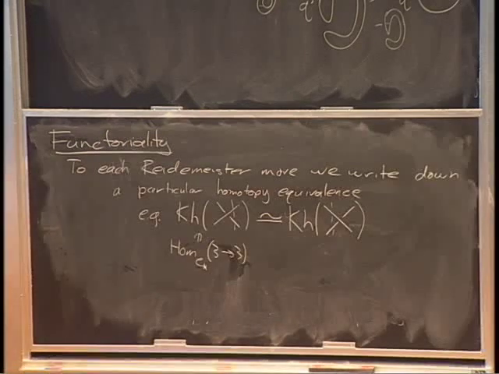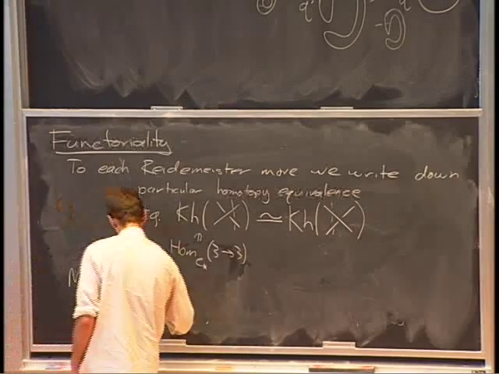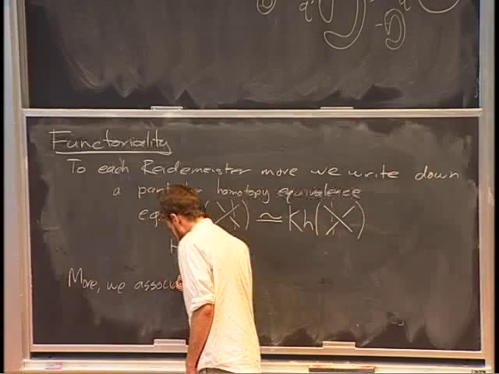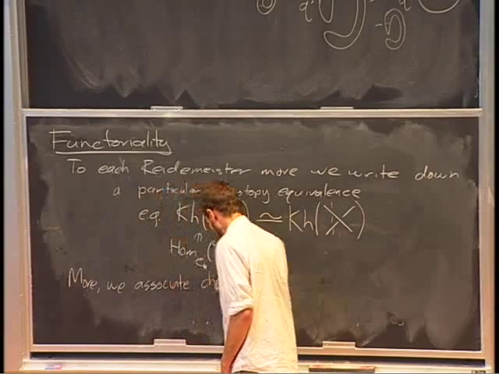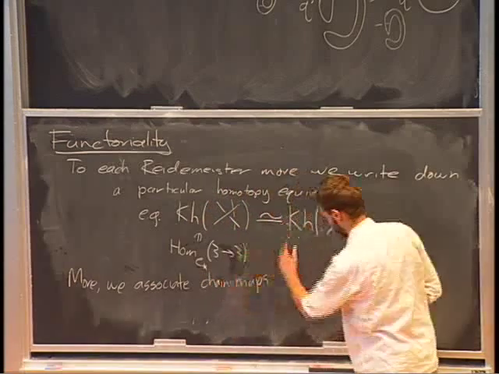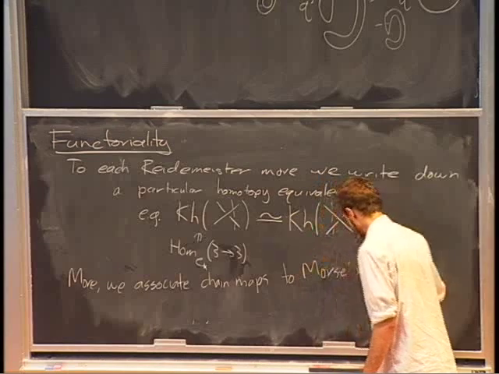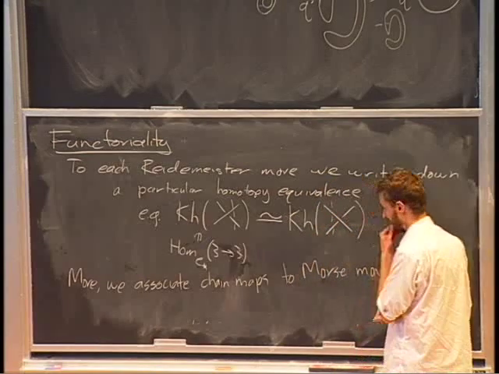Okay, and we can do more. We associate chain maps to Morse moves. These are chain maps that aren't invertible, they're not equivalences. But these are actually extremely easy to define and understand.